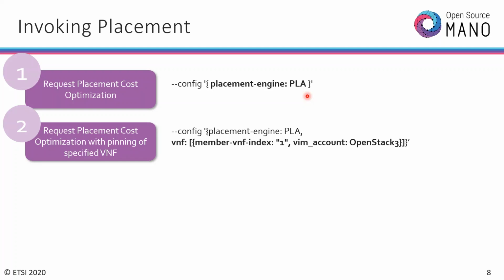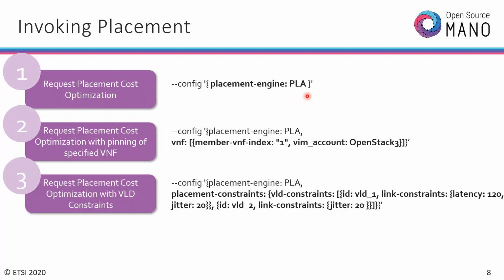We could also add cost optimization with pinning of a specified VNF, and I think this is almost always happening, because in most cases there will be some sort of anchor point where some VNF has to go somewhere, because it needs to be close to some user, or close to some other application or some other function in the network.